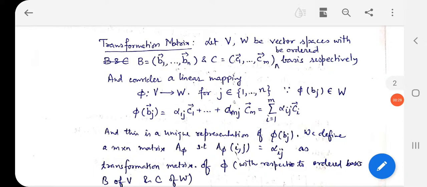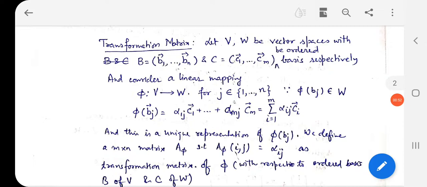This transformation matrix will act as an operator and it will convert the coordinates of the input vector to the coordinates of the mapped vector in the new vector space.